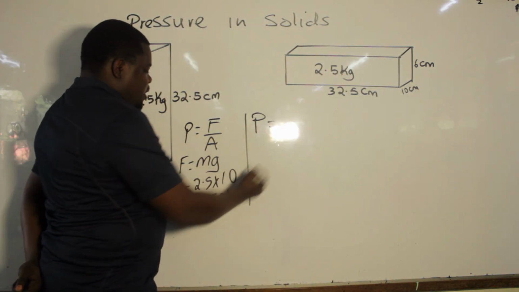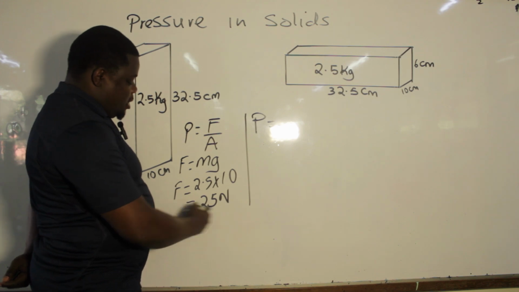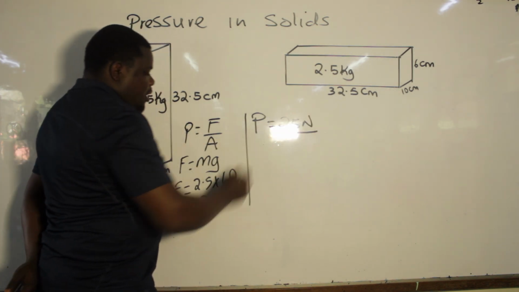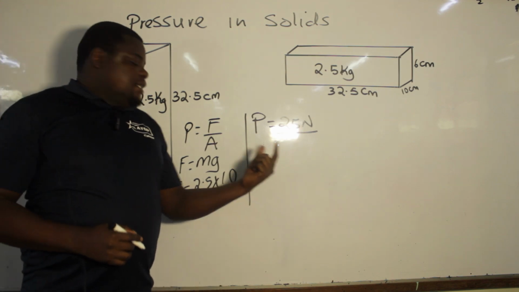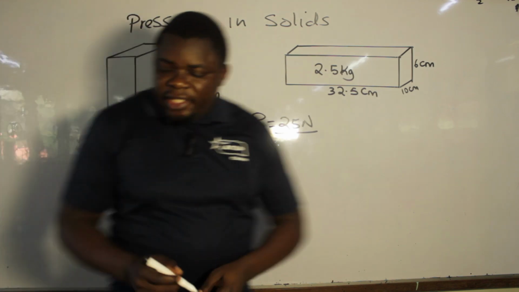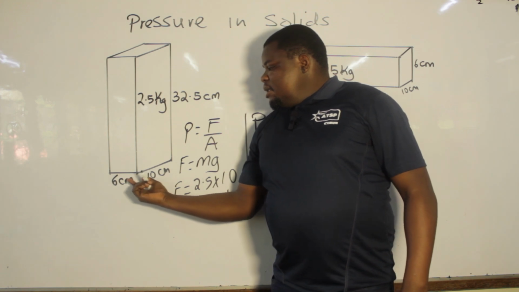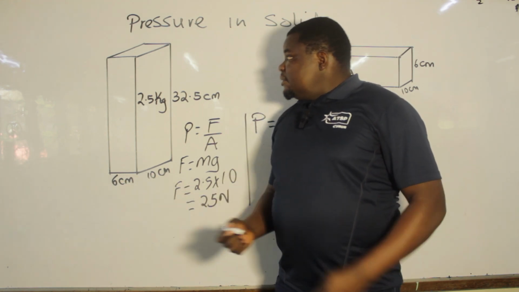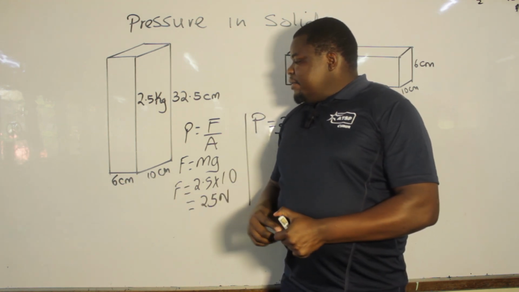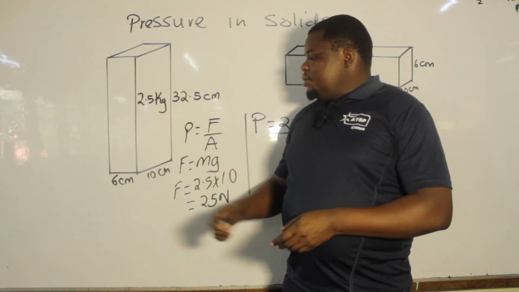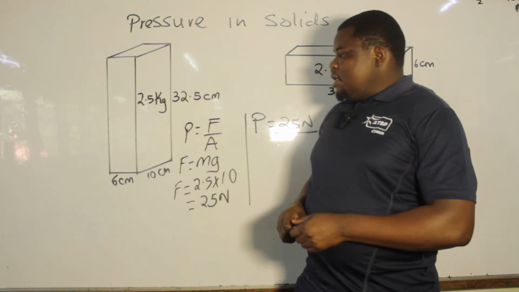So when we substitute, pressure P will now be given by the force, which is 25 newtons, over the area. We can see that the object is actually standing on a very small area. This area is 6 by 10. Remember, we have another area which is 10 by 32.5 and another one which is 6 by 32.5.